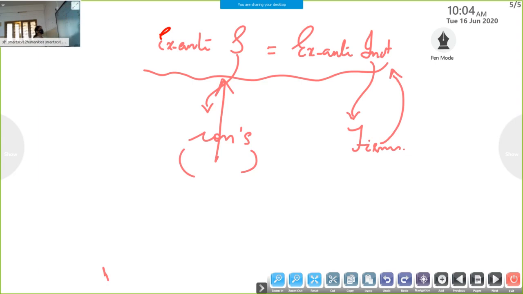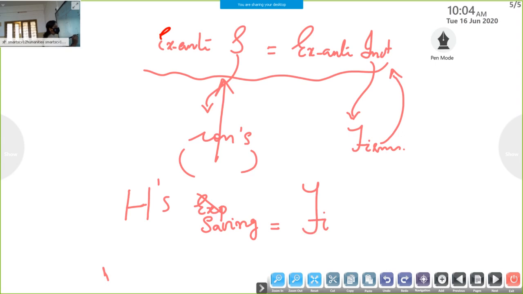This equilibrium shows that at that point households' saving is equal to firms' or producers' investment. Anyway, we know saving and investment are activities done by different people for different reasons, right?